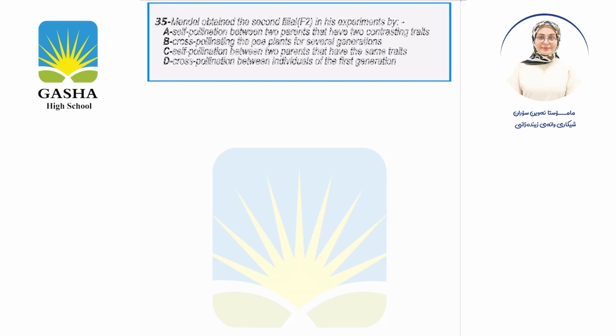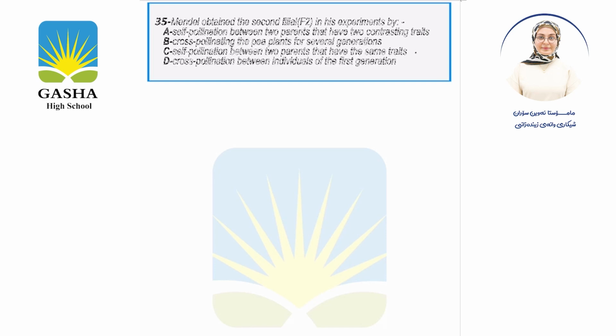Question 35. Mendel obtained the second filial F2 in his experiments by: A, self-pollination between two parents that have two contrasting traits. This one is false. B, cross-pollination of the pea plant for several generations.